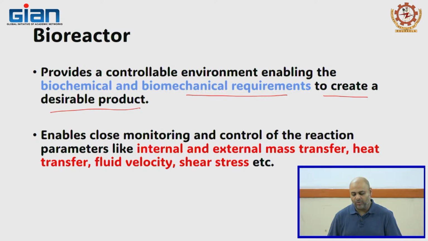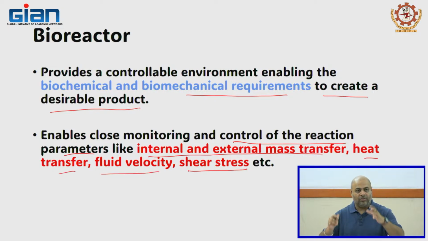It enables close monitoring and control of the reaction parameters like internal and external mass transfer, heat transfer, fluid velocity, and shear stress. So one unit operation can provide you all of this control, and then you can grow your cell culture within that unit operation.